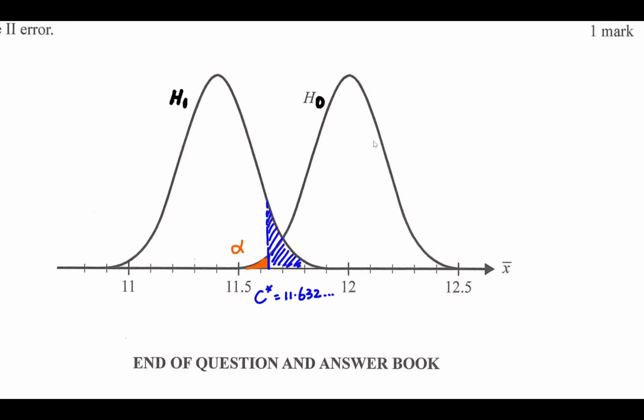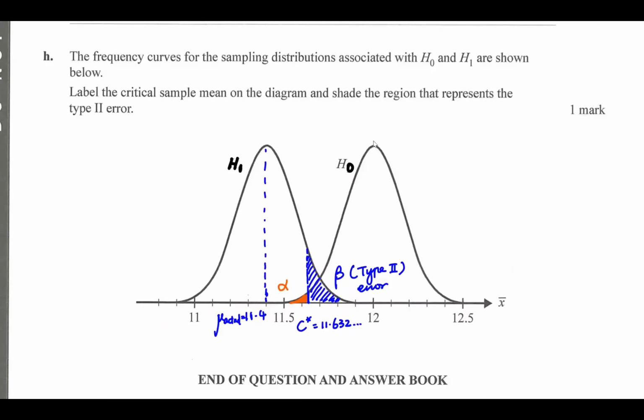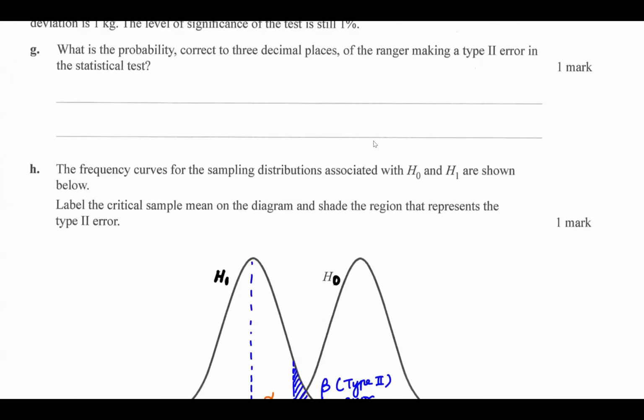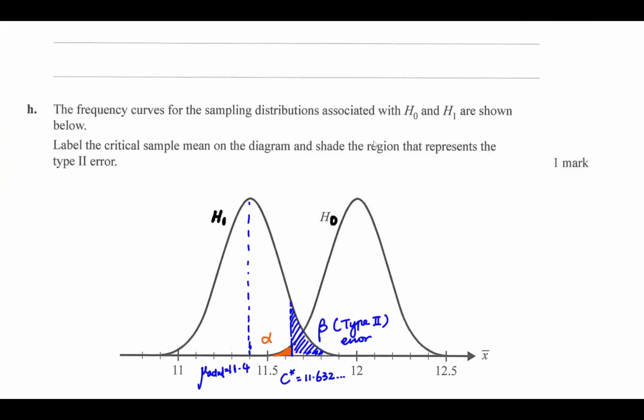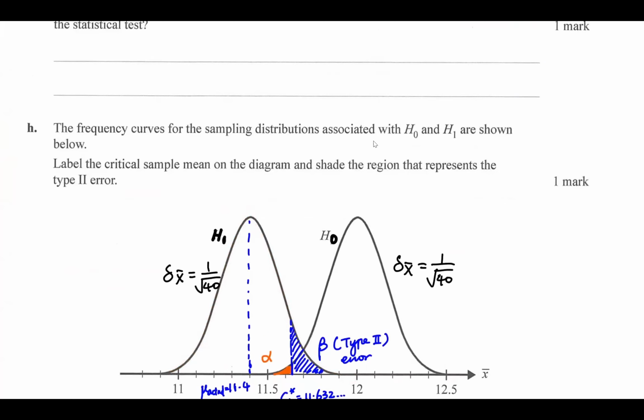After this line, under the new curve with the actual mean value 11.4, this is the mu actual. So this will be your beta, which is the type 2 error probability, okay? Alpha is the probability of committing a type 1 error. Under the new curve here, the standard deviation doesn't change though. Still 1 out of square root of 40.